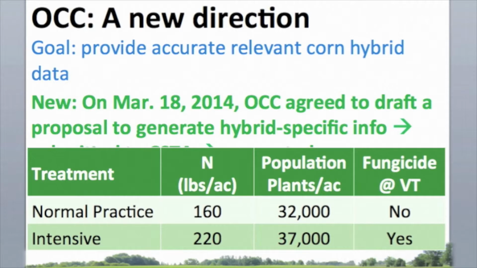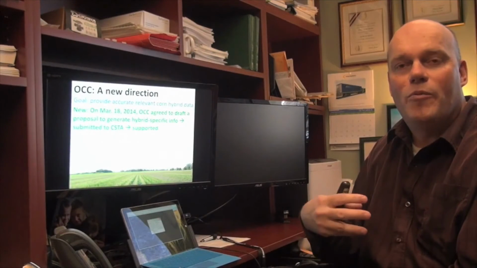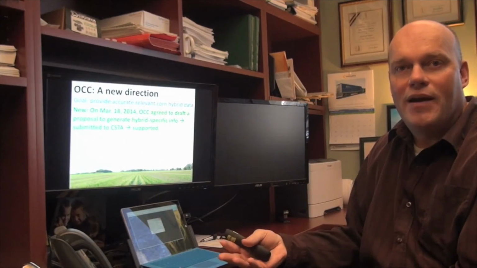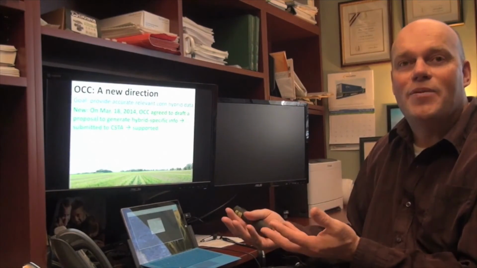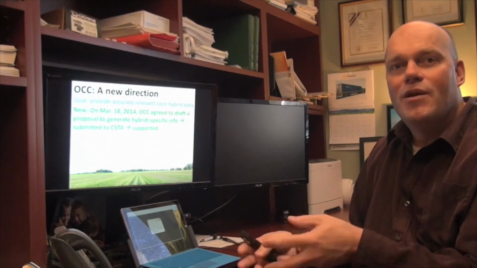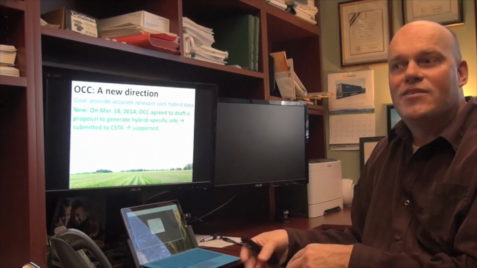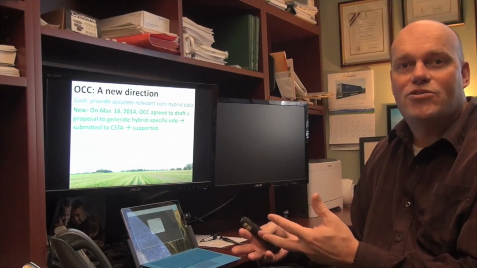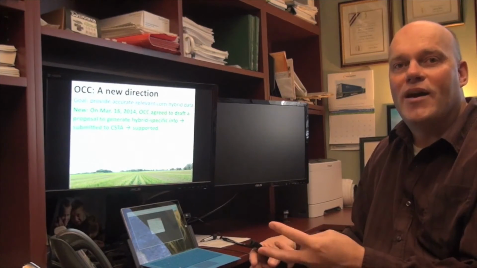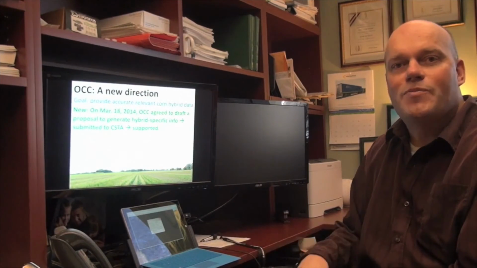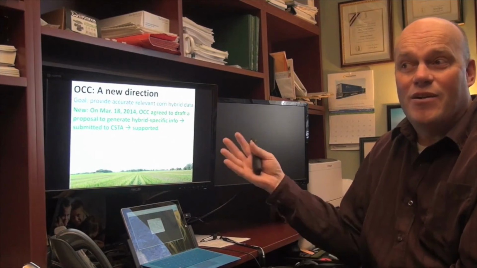So this could go a long ways in terms of fine-tuning the requirements for each hybrid in terms of what we should apply, how much we should apply, and just to characterize the hybrids. Like, we don't know why one hybrid would respond more than the other. And so we're getting more research and trying to figure out genetically why some hybrids would respond more than others. And so we're doing that in our OCC trials.